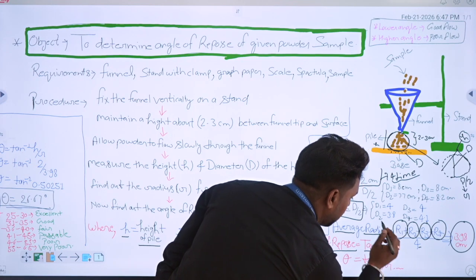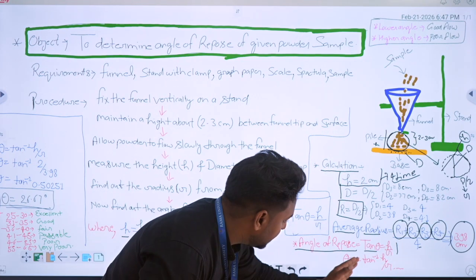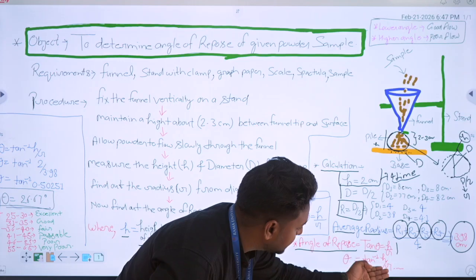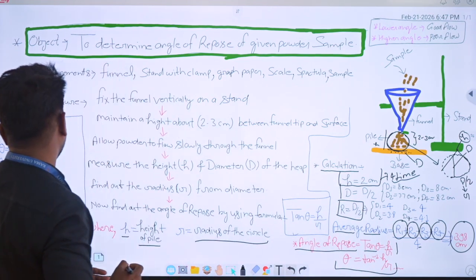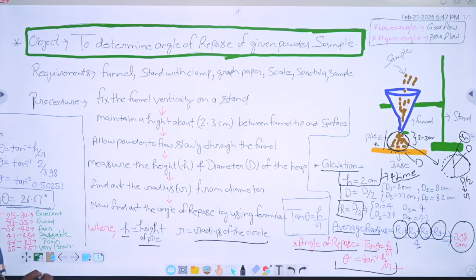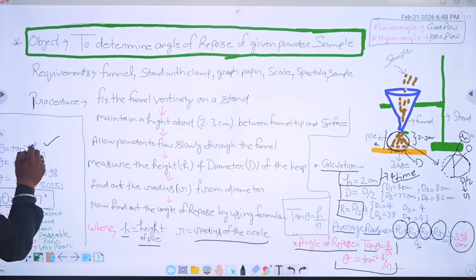After getting the value of r, we move to the main formula, which is tan theta is equal to h upon r. Theta is tan inverse of h upon r, the main working formula for us. Now we put in the values: h is 2 centimeter, r is 3.8 centimeter.